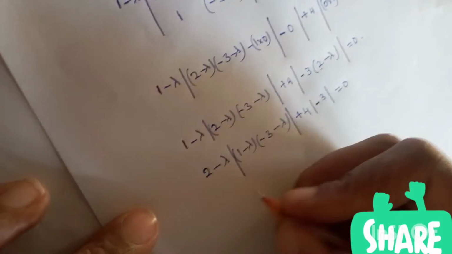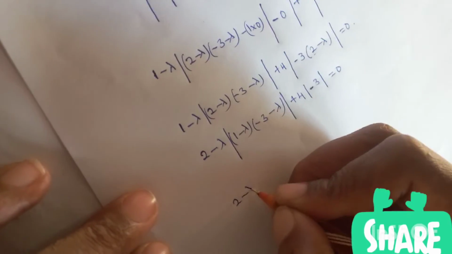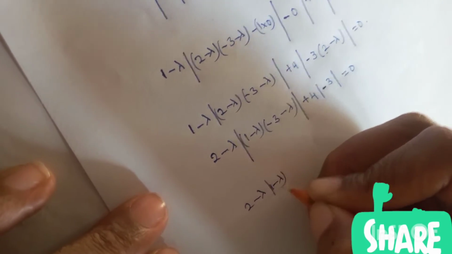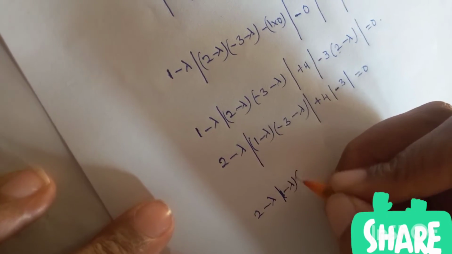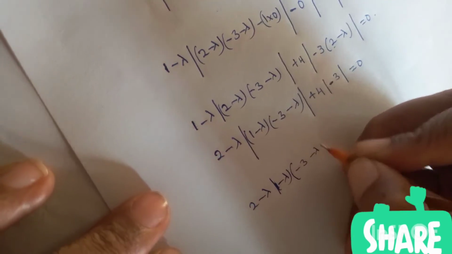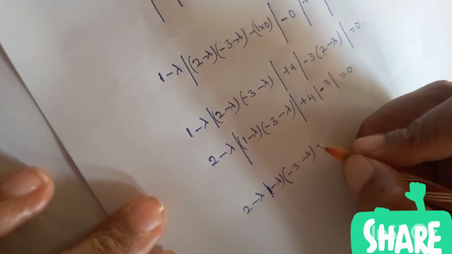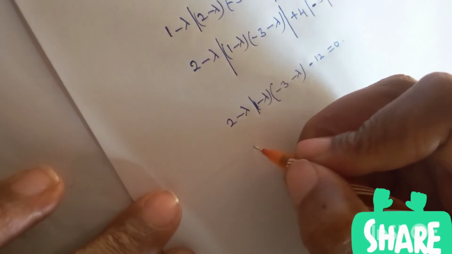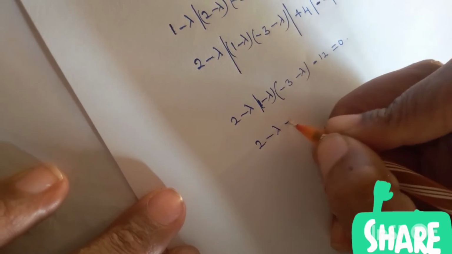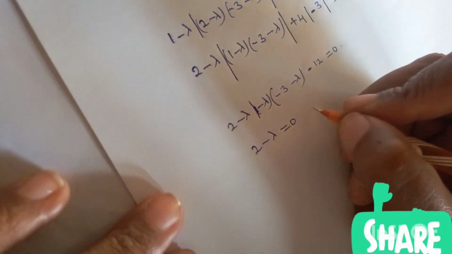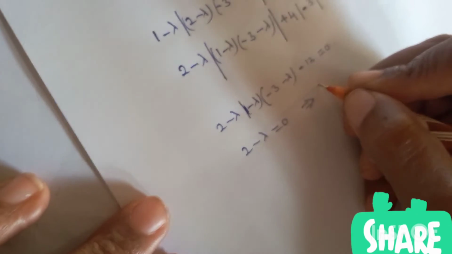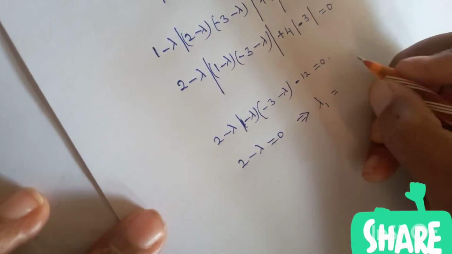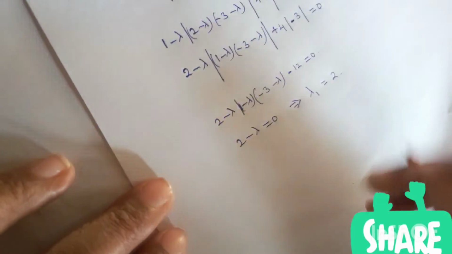So you have 2 minus alpha times [(1 minus alpha)(minus 3 minus alpha) minus 12] equals 0. So 2 minus alpha equals 0. Therefore alpha 1, our first eigenvalue, equals 2.